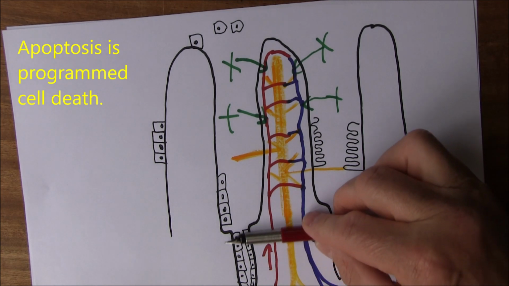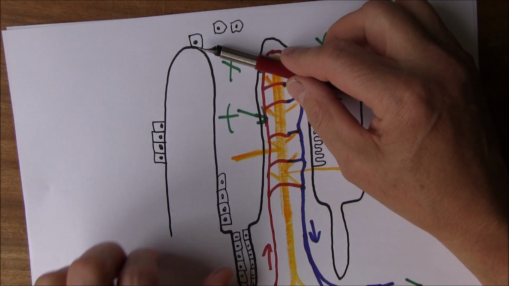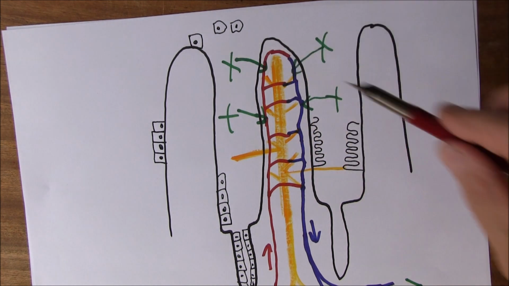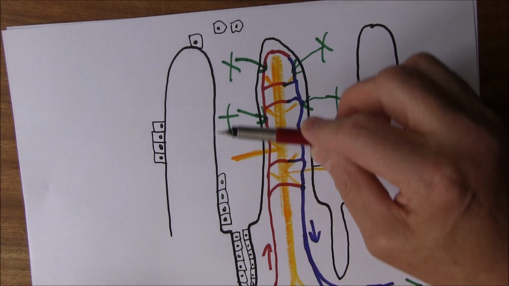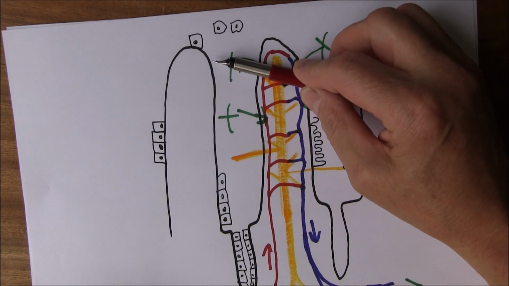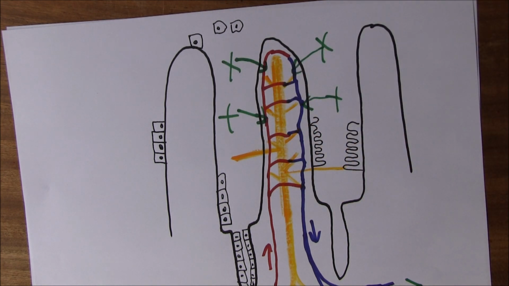Generation of cells, migration of cells, and then when they've done their job, they just know they've done their job and they commit apoptosis, and that's them. They're replaced by younger cells. But interesting to note, if you look at a villus under the microscope, they're the younger cells there, they're the older cells up at the top. But as we say, only about 5 days lifespan for these enterocytes and goblet cells.